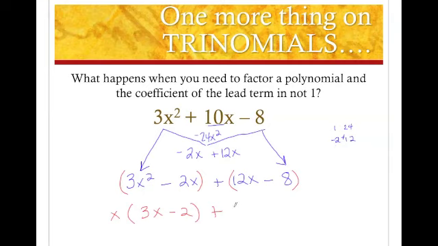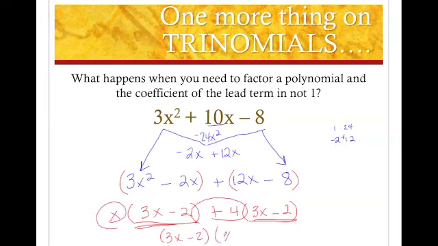You're still going to end up with the same thing. Here, my greatest common factor is 4. I have my 3x minus 2, and I'm left with my x plus 4. So there's my factorization.